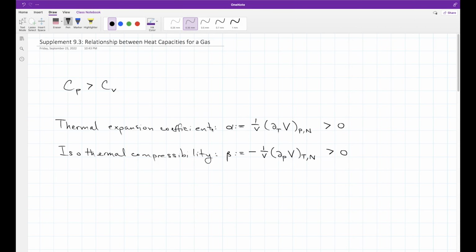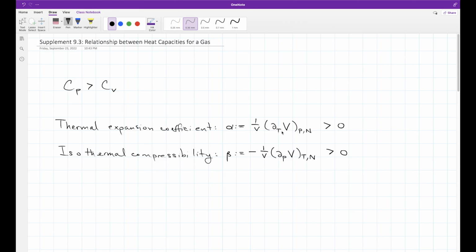All right, so first for alpha, imagine that we have a gas and we increase its temperature at constant pressure. Somehow we're pumping heat energy into the system, presumably, to increase its temperature. What do we expect to happen? Well, typically the volume in that case will increase. You can just think about that for the ideal gas if you want a concrete example, but this should be true for any gas.